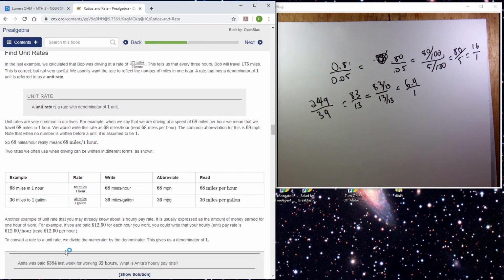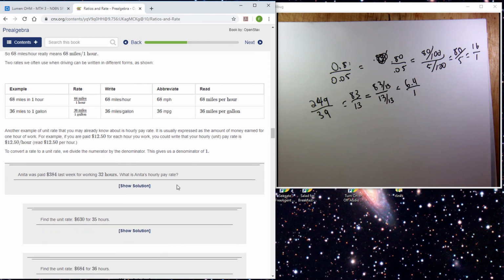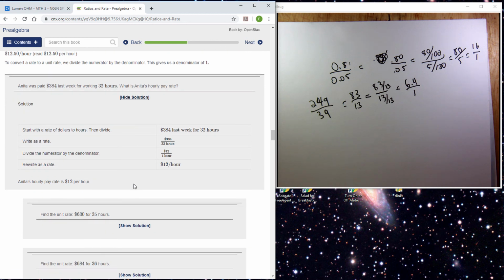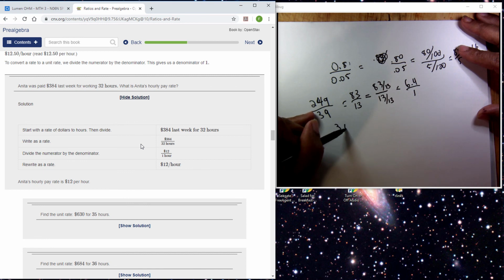Now, in order to find a unit rate, you divide the numerator by the denominator. This gives us a denominator of 1. So let's look at an example of that. To find the unit rate here, they have 384 divided by 32.